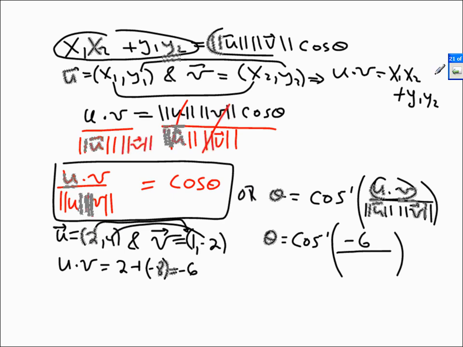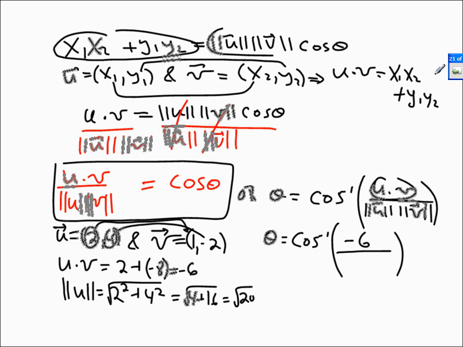The bottom is the length of u times the length of v. The length of u is the square root of 2 squared plus 4 squared. It's 4 plus 16, which is 20. The largest number that I do know the square root of that goes into 20 is 4. It's the square root of 4 times the square root of 5.